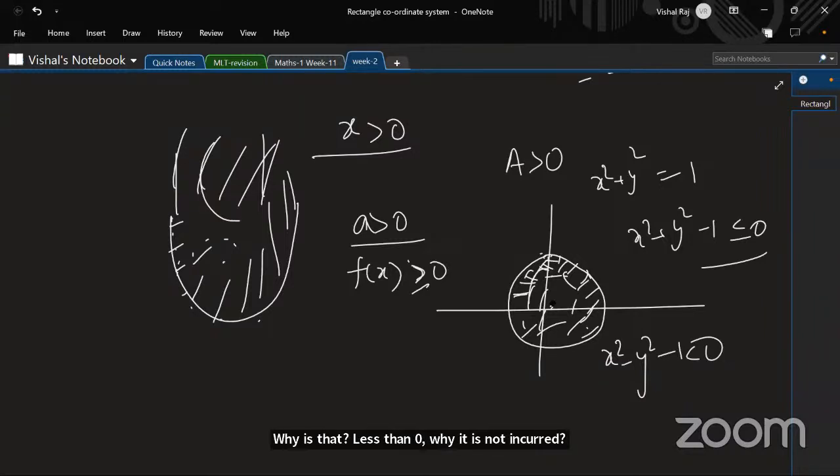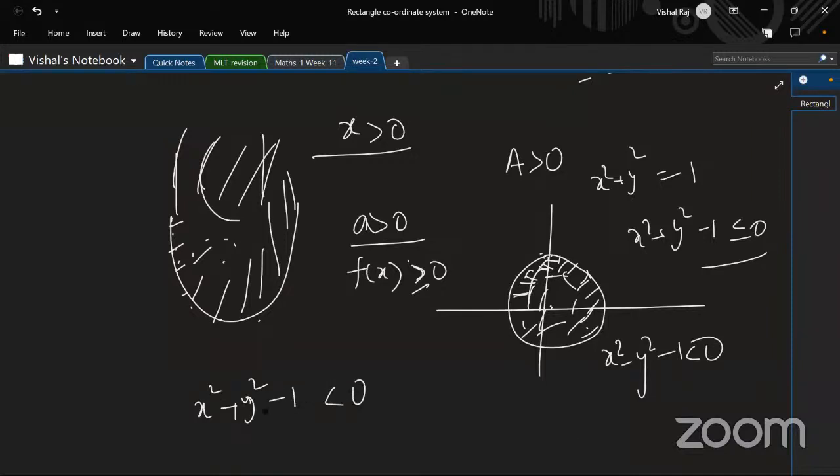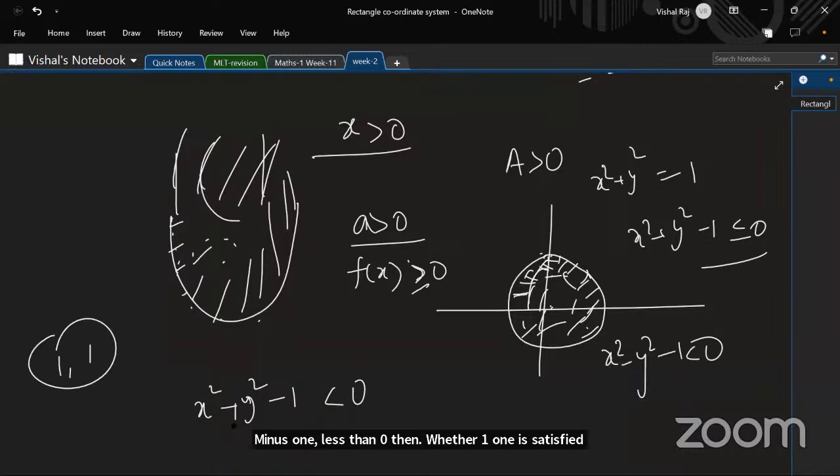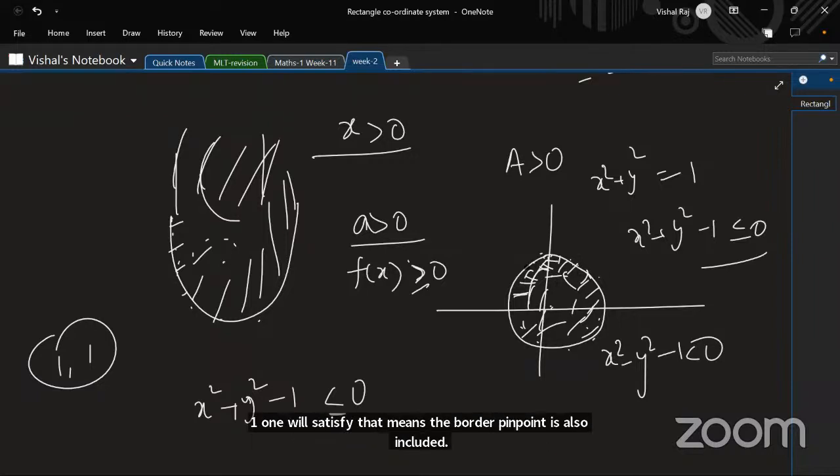See, for the circle x square plus y square minus 1 less than 0, the point on the border gives 0, so this condition is not satisfied. So the border points will not be included. And if this was equal to 0, then it will satisfy. That means the border points are also included. Border points mean all the points on this circle.